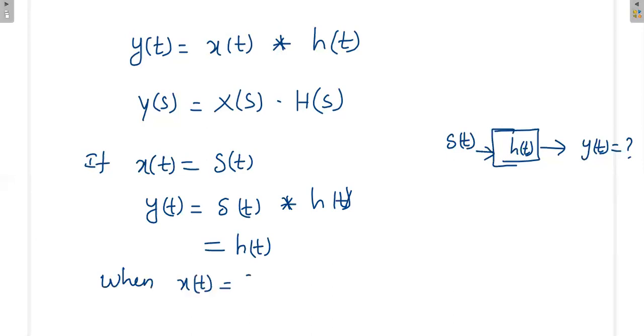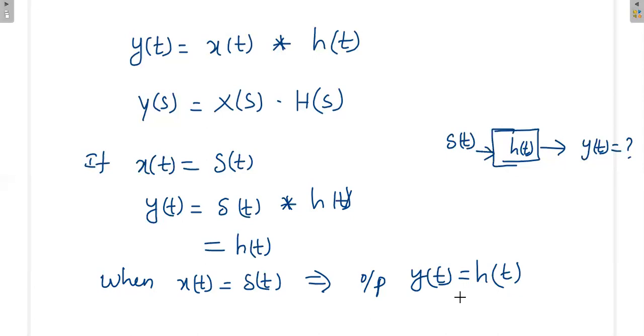That's why h of t is called the impulse response. When you apply del t as input, your output and h of t are exactly the same.